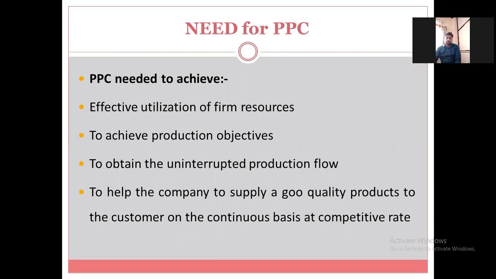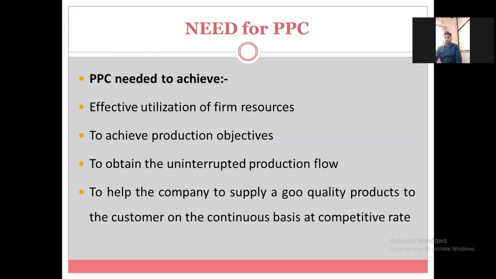If you reduce the manpower, the salary of the people you have not hired is saved, and you have performed the task with the same manpower, so you have saved the cost of manpower, and that benefits the industry. So PPC helps to utilize the firm resources effectively.